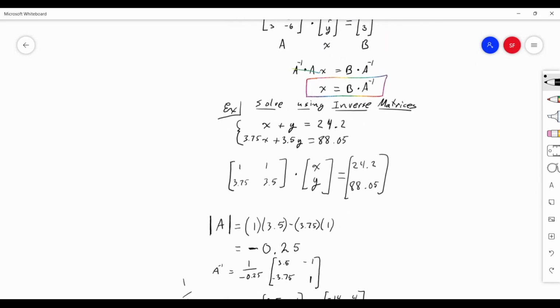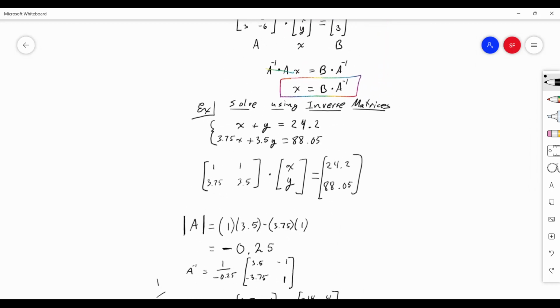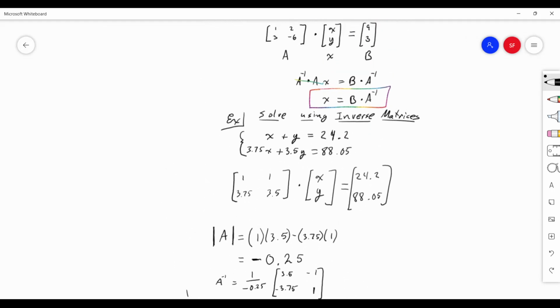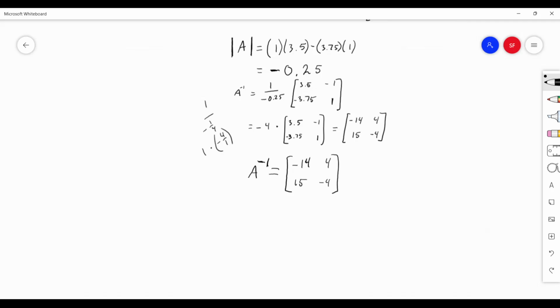So there's the inverse of A. Going back to our equation, all we have to do is multiply that times B. And B is this guy over here on the other side, right? So we have to multiply B times this to do our last bit.